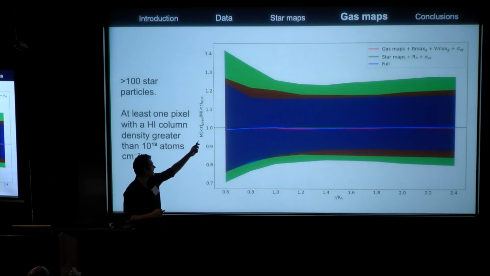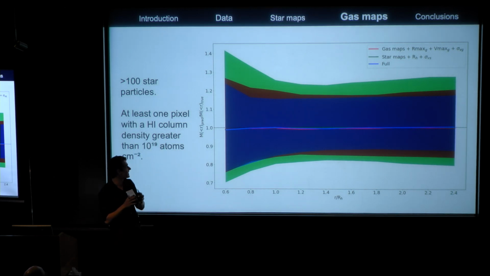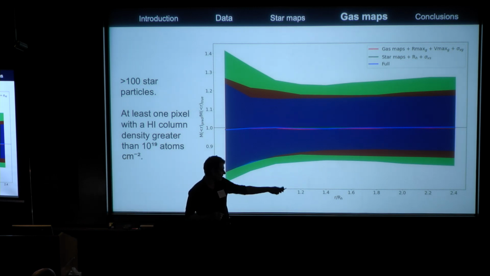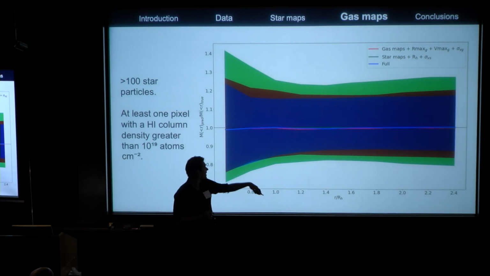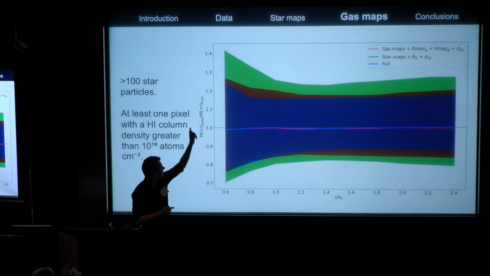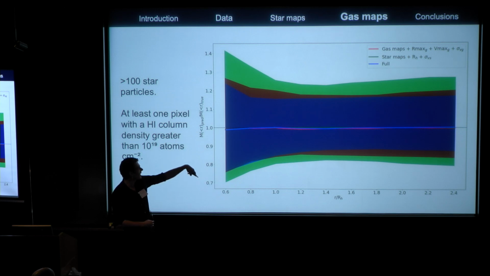Here you have the ratio between the predicted mass and the real mass in different radii relative to the Hadar radius. The lines are the mean value for all the test sample at different radii, and the shadow regions are the 1 sigma dispersion.